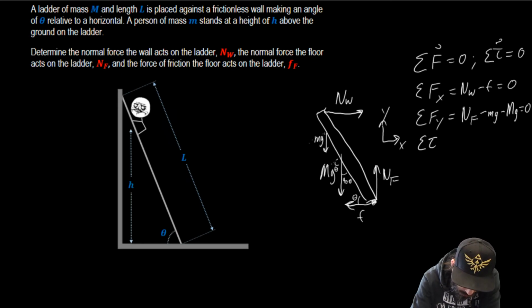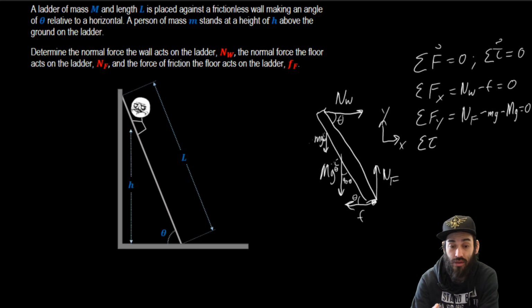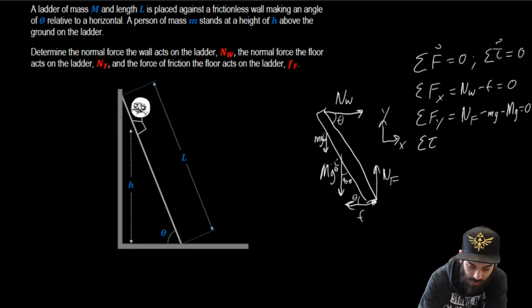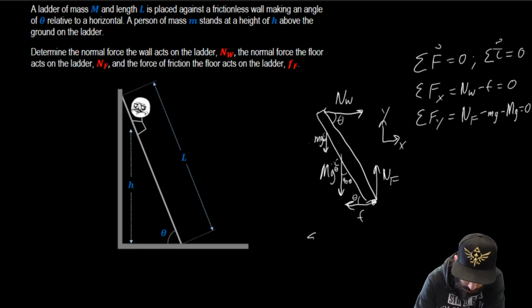Likewise, this angle is theta, and this angle is theta. I'm labeling this because we're going to need it momentarily. So when we sum our torques, I'm going to write this a little bit lower here because I'm going to need a little bit more space. The sum of the torques is going to be equal to, remembering our convention for clockwise and counterclockwise: counterclockwise is positive, clockwise is negative.